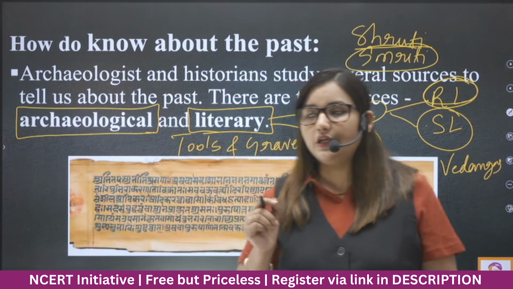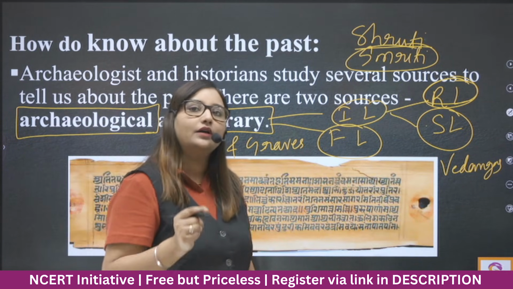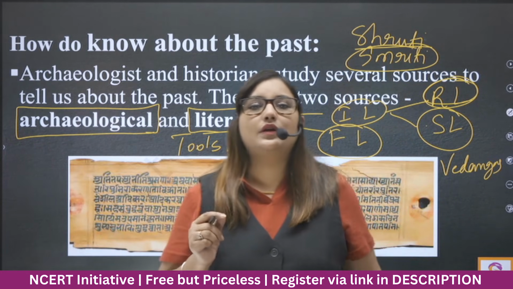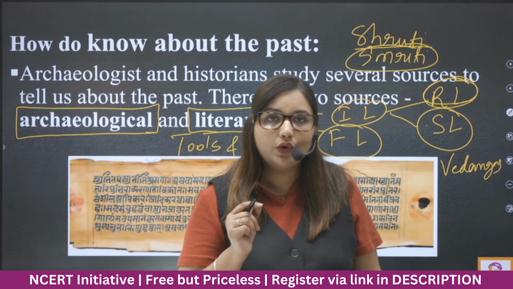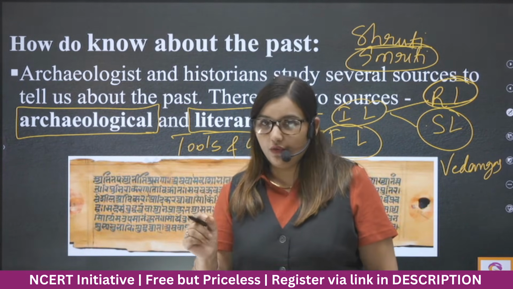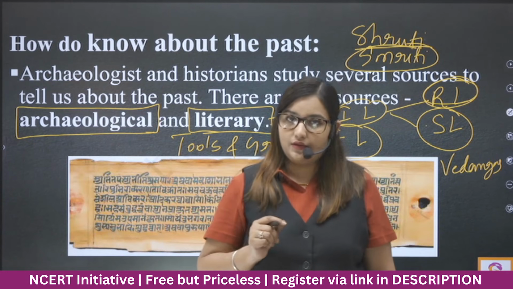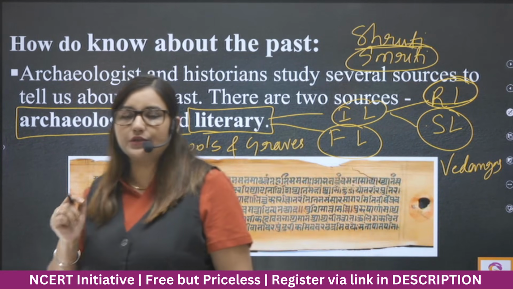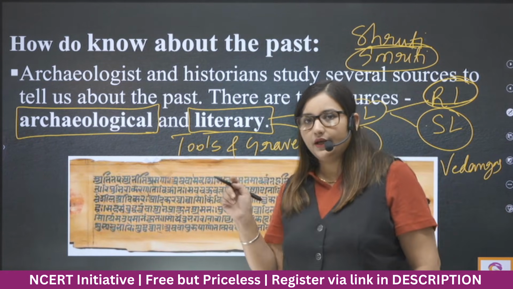In bracket you can write Herodotus, comma, Ptolemy, bracket closed, comma, Chinese writers like Fa Hian and Hyun Sang. Chinese writers in bracket Fa Hian, Hyun Sang.